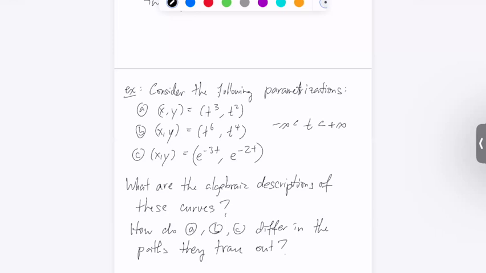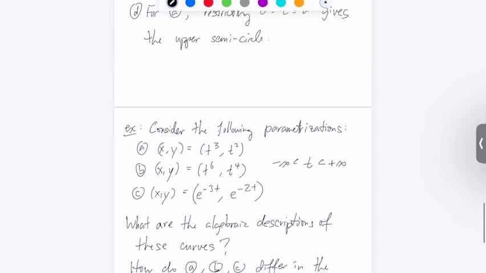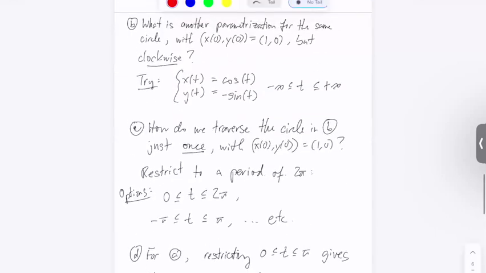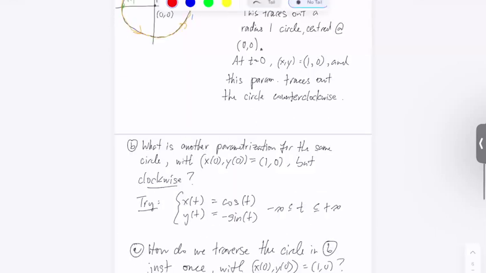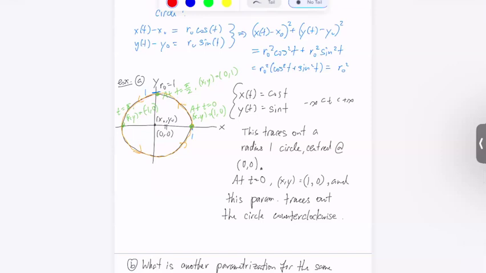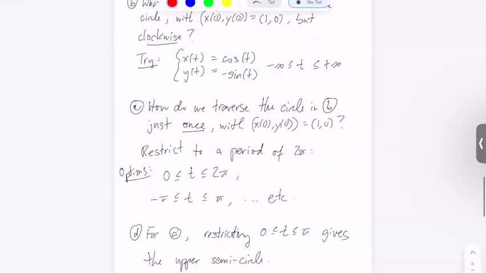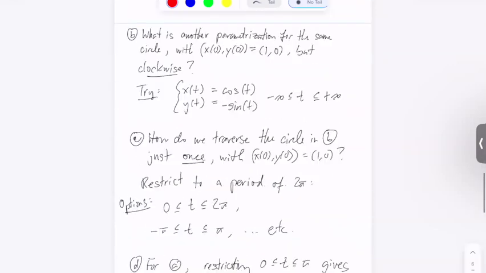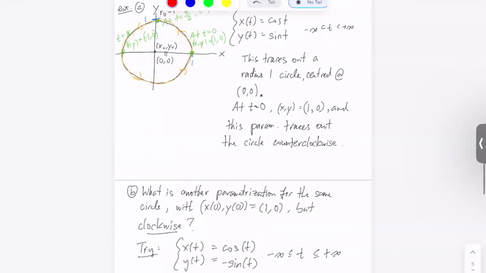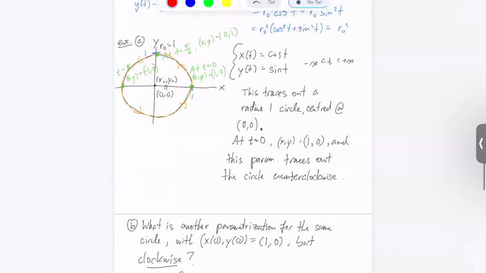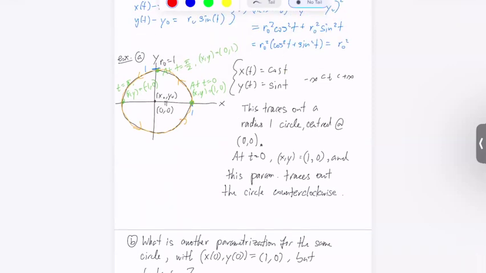I'll also answer Sean's question in chat. No, there's multiple ways to do the upper semicircle here, because you could traverse the semicircle as fast as you want. For example, I could do cosine 2t, sine 2t.